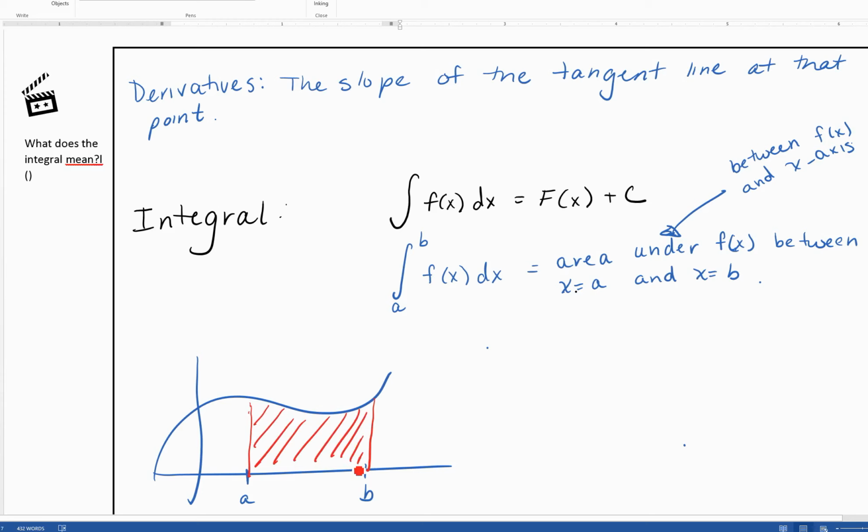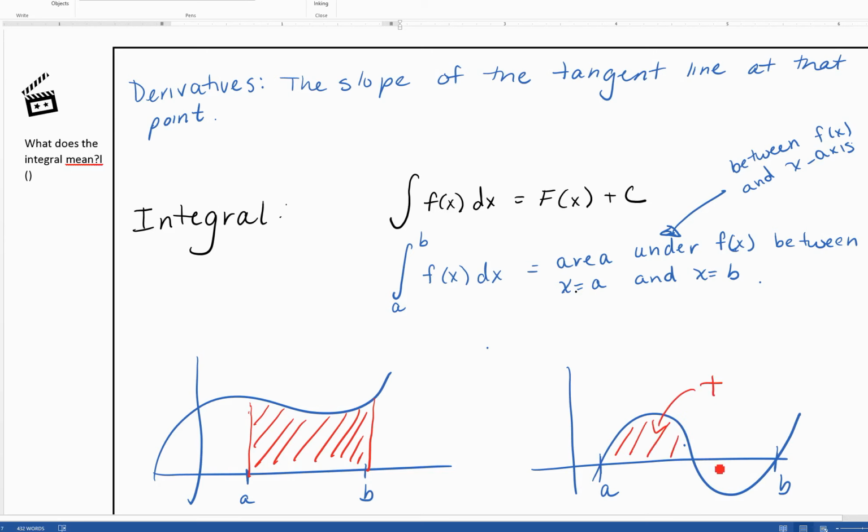Okay, now if you have something where your function goes below the x-axis, okay, so let's say your a was here and your b was here, then this area here will be positive, and then we'll actually subtract the area below, so this will be negative area.